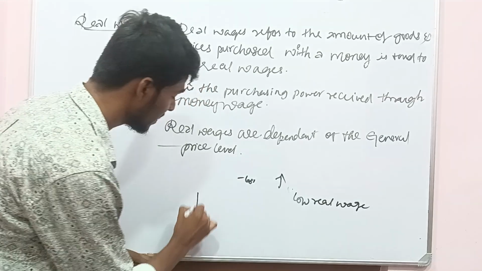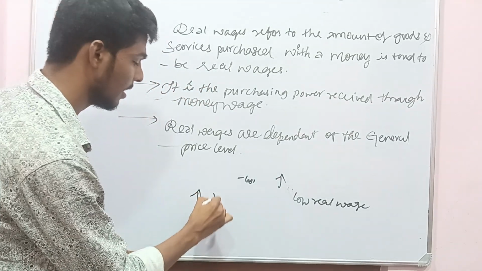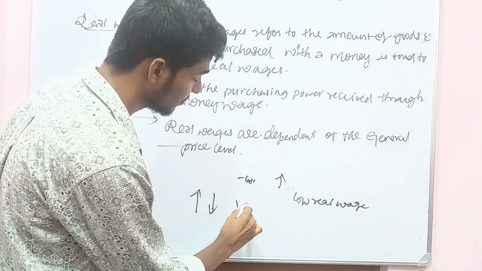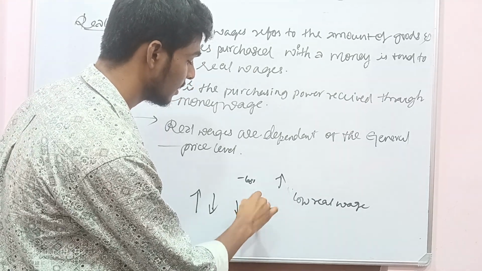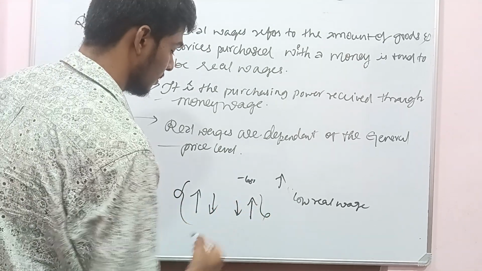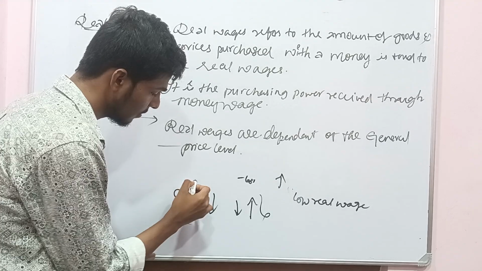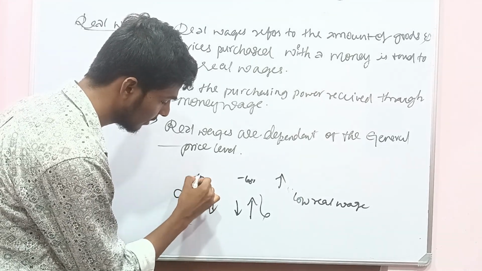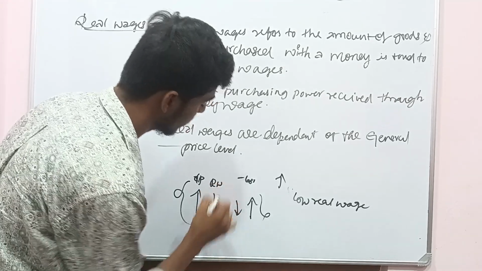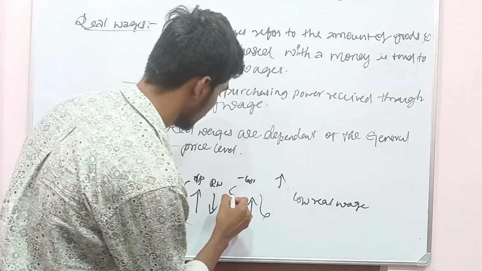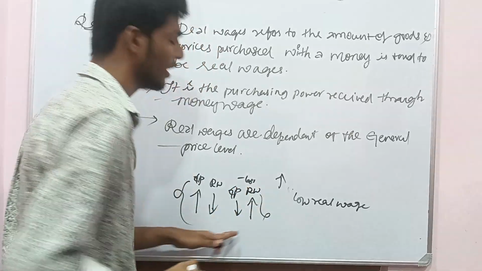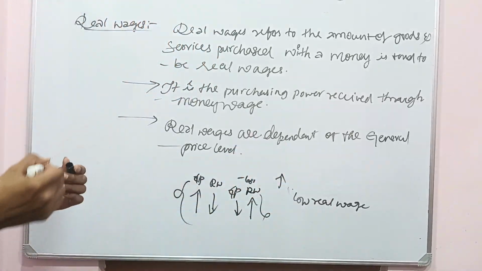When the general prices are higher, real wages are low. When the general price falls, the real wages tend to be higher. When the general prices of the commodities are low, real wages tend to be higher.